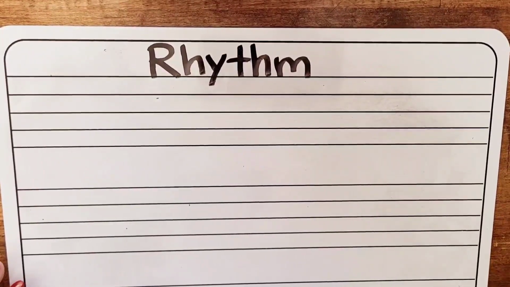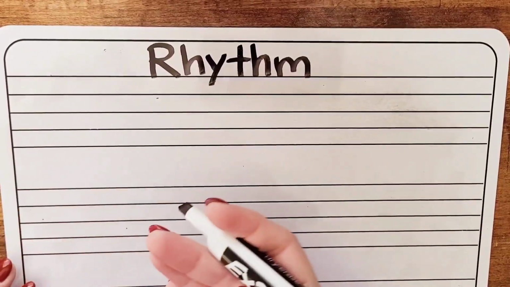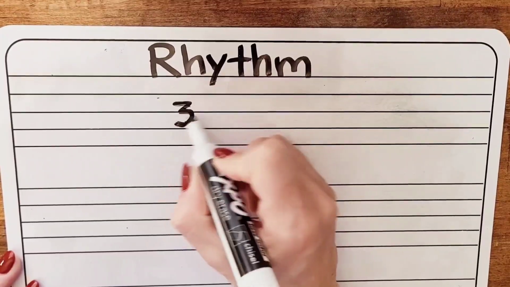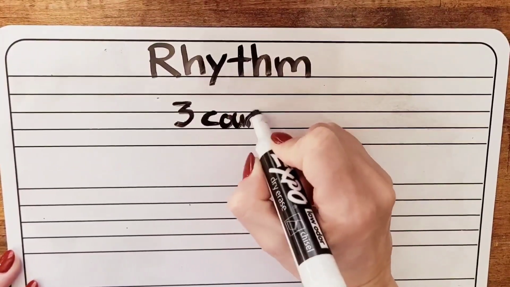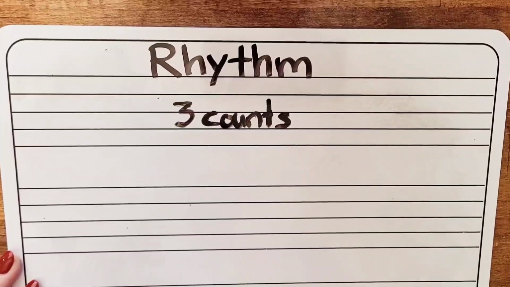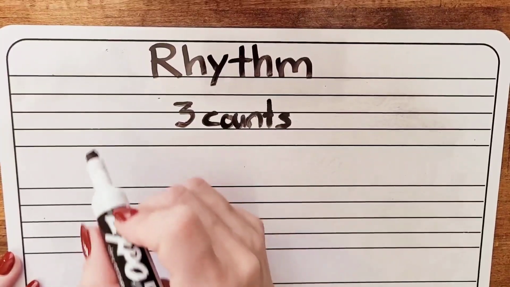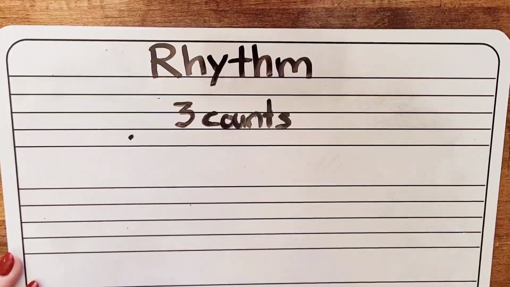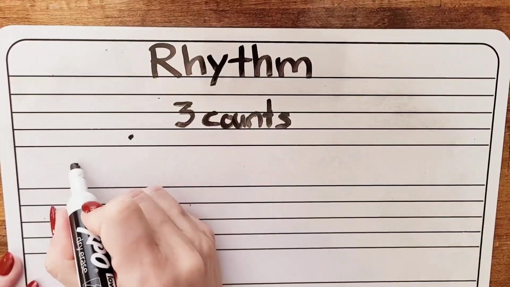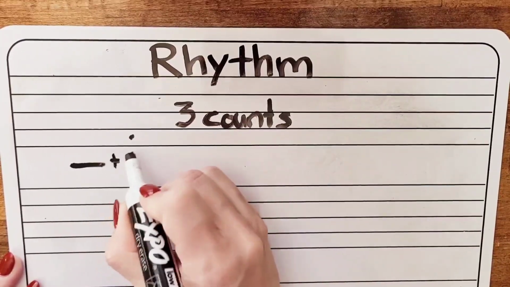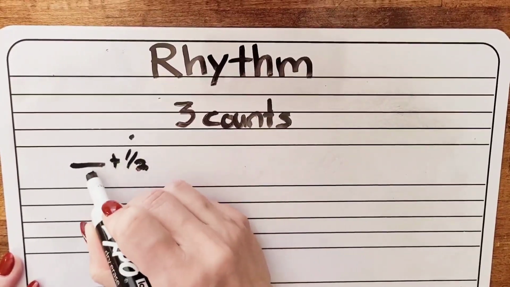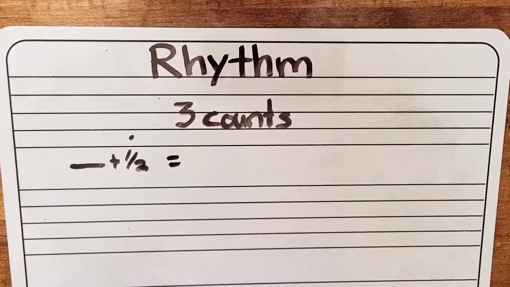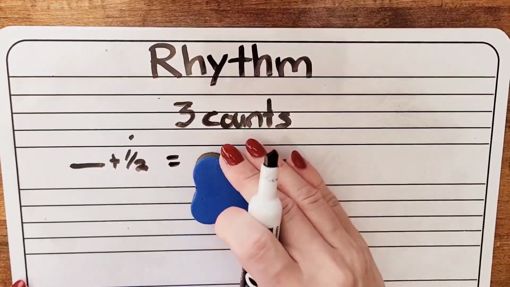All right, but what if you want to have a note that represents 3 counts? Well, there is a rule that if you have any sort of a note and you put a dot next to that note, it is the value of that note plus half of that value of that note, and that is what equals the count of that beat.